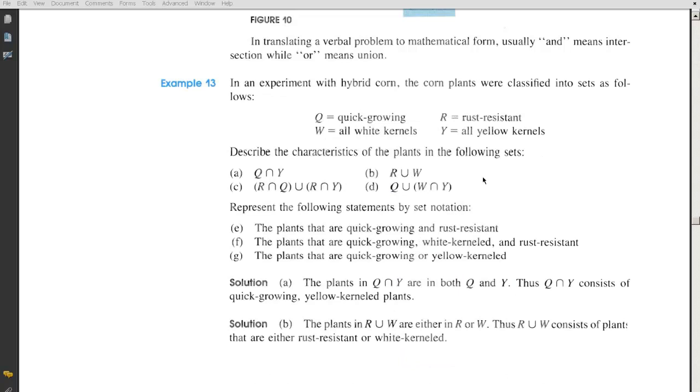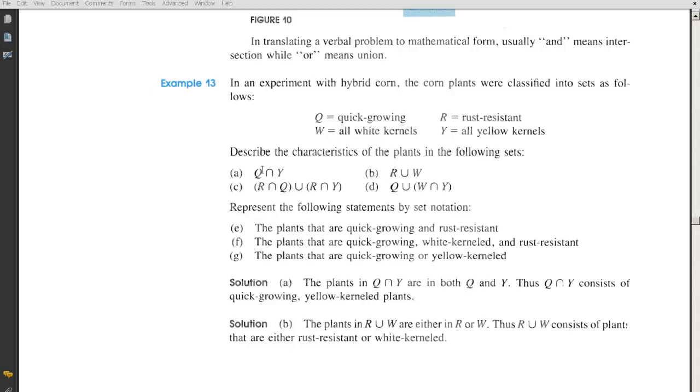Okay, let's very quickly look at this. In an experiment with hybrid corn, the corn plants were classified into sets as follows. Q is quick growing, R is rust resistant, Y is all yellow kernels, and W is all white kernels. Describe the characteristics of the plants in the following sets.